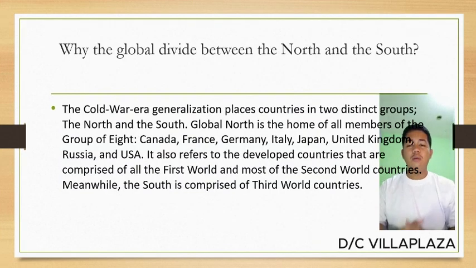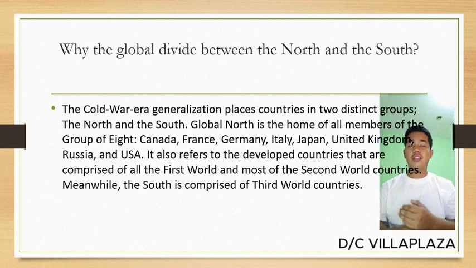So why the global divide between the North and the South? Way back in the 1980s, the Brandt Line was developed as a way to show how the world was geographically split into relatively rich and poor nations. The Cold War era generalizations place countries into two distinct groups, the North and the South.